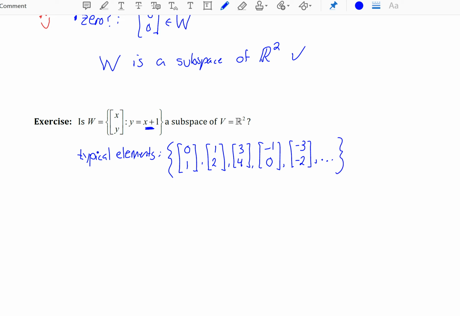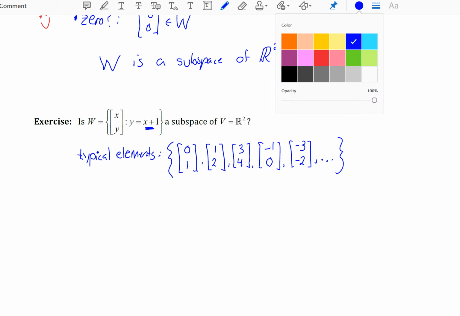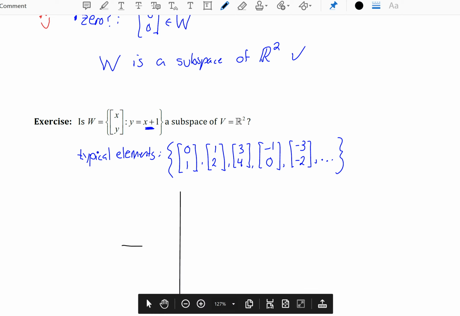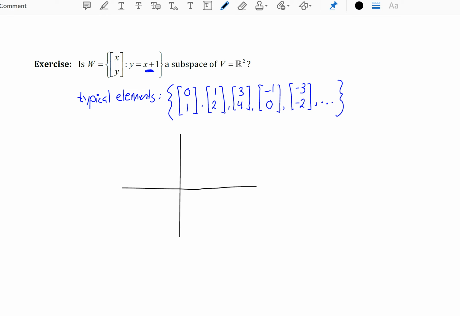Again, writing out some elements gives you a visualization on what this W might consist of. You may also look at it graphically. So maybe draw a coordinate system. Y, X. And recognize that this is an equation we know.